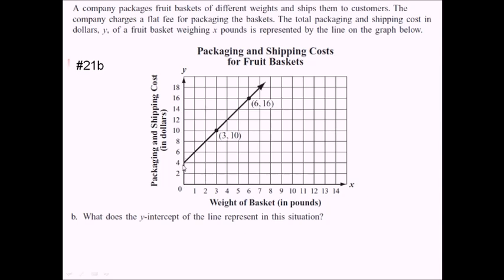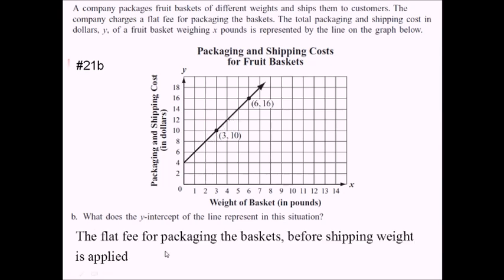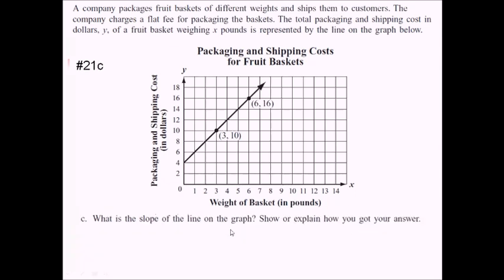So what does this 4 really mean? Well, this is the price before we've added in any poundage for shipping. So this is just what you must have been paying for the packaging. Remember up here they said we're charging a flat fee for packaging. So that flat fee must be this $4. And then everything that comes after that is all shipping. So we'll say flat fee for packaging the baskets before shipping weight is applied.